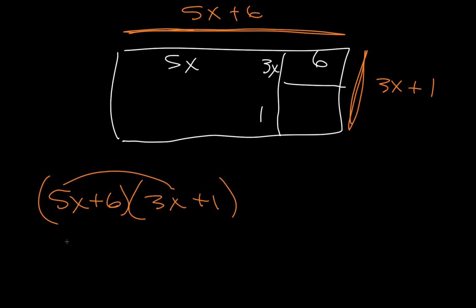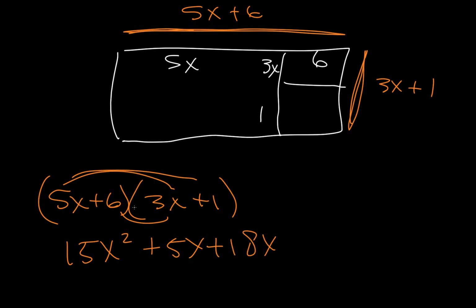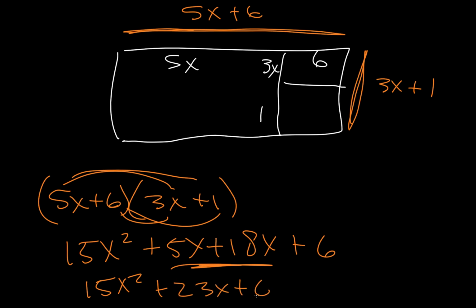We distribute 15x squared, distribute 5x, distribute 18x, distribute 6. Combine like terms. Let's see, that's 5x plus 18, so 23x plus 6. So that's one way to express the area.